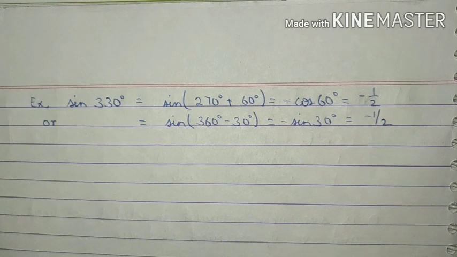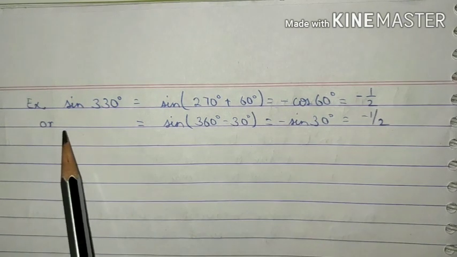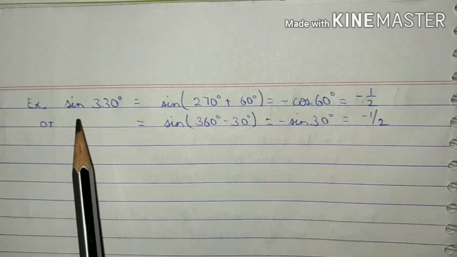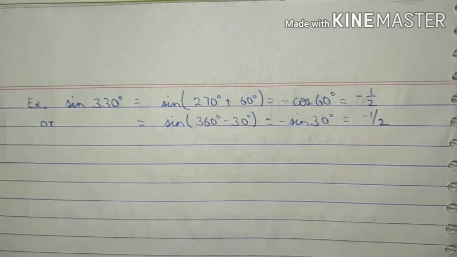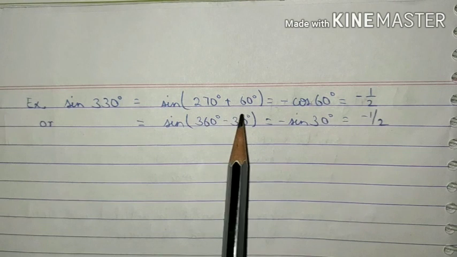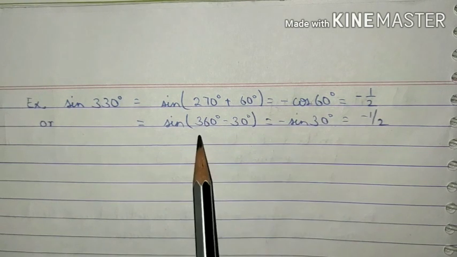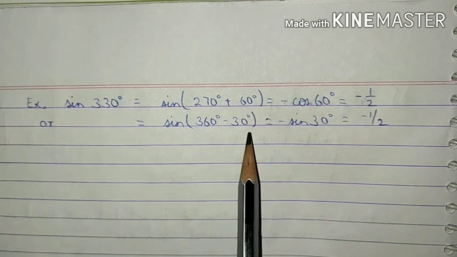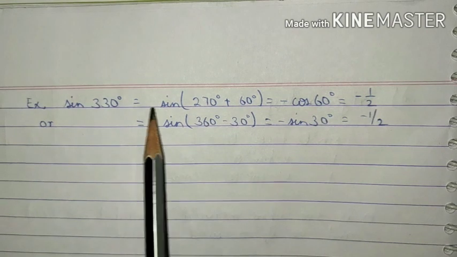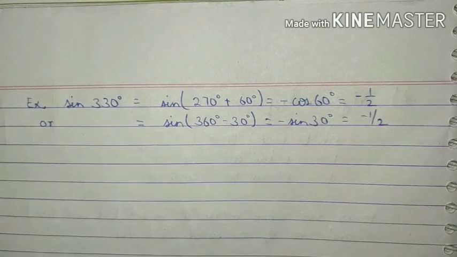For example, we have a question in which we have to find out the value of sine 330 degree. Now, 330 degree can be represented in two forms: either 270 degree plus 60 degree or 360 degree minus 30 degree. In both the cases, we'll get 330 degree.